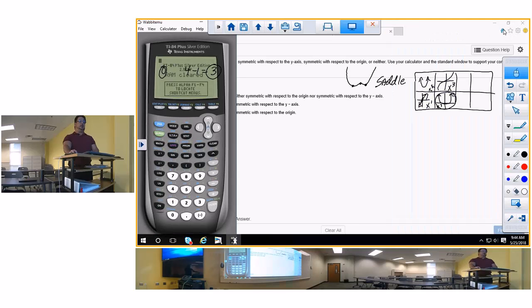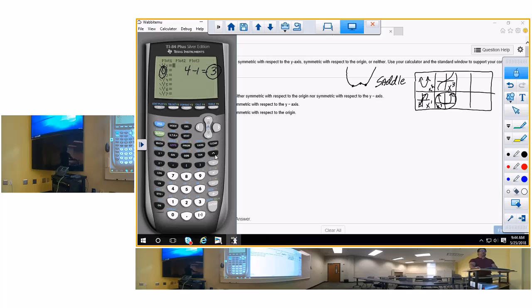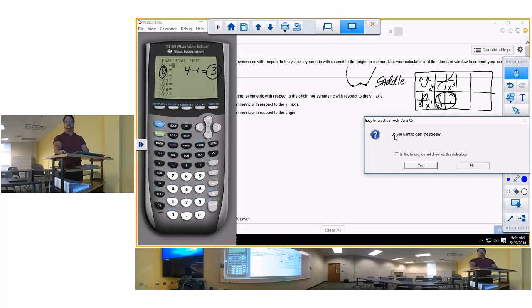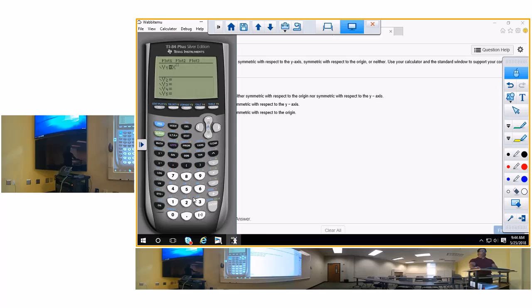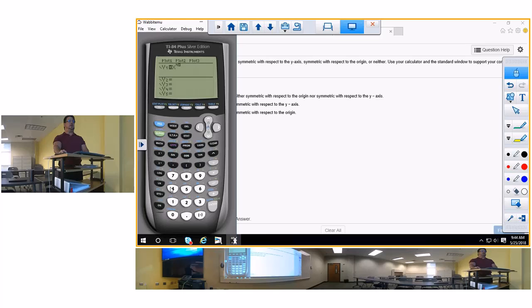So hit the y equals, and then type in x, caret symbol, to the 4th, arrow over, minus 2x squared, caret 2, and then graph.